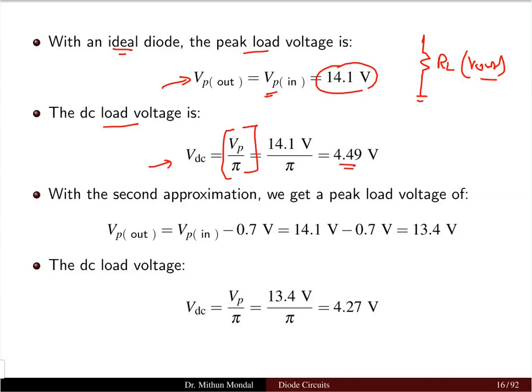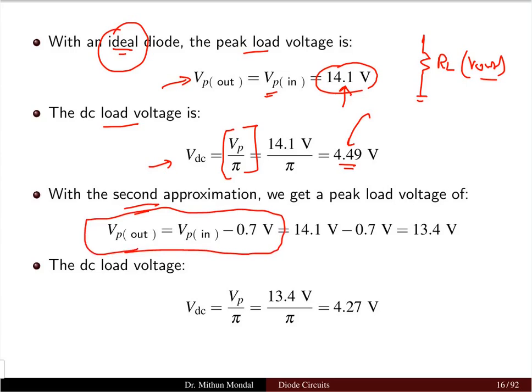So if the AC input maximum is 14.1 volt, the output we get is 4.49 volt. But this is for the ideal diode. For a practical diode, we have to add the second approximation method, by which we subtract 0.7 volt from the output.